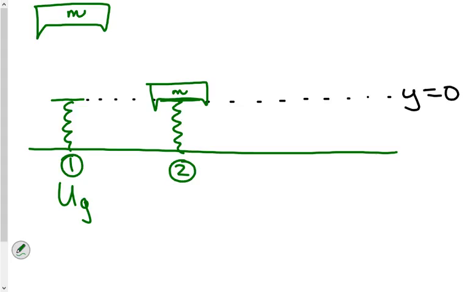What kind of energy do I have here? It's all going to be kinetic because my block has come down to where the gravitational potential energy is equal to 0, and I don't have any elastic potential energy yet.